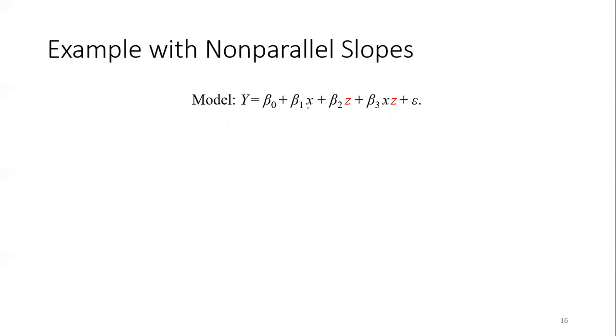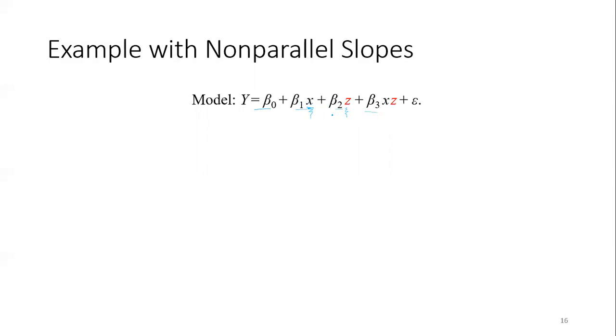I have a model. This is an independent variable x, and this is a categorical variable, so it is either 0 or 1, which means we have two categories. But the thing is that this category also interacts with x, right? So again, it's not a nonlinear model because it's linear in terms of the parameters.